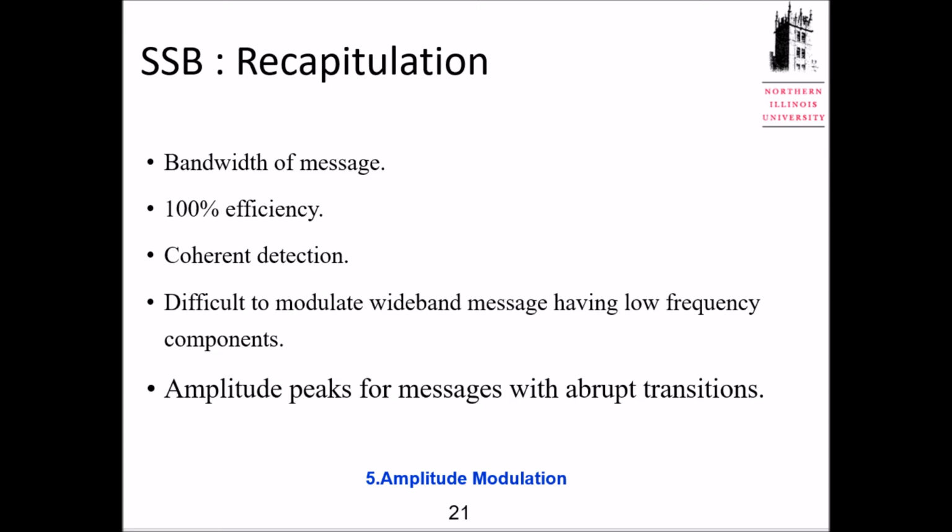Okay, so those are the good things. Here are some bad things about single sideband. It's difficult to modulate a wideband message having low frequency components. This one is related to my two generating methods.